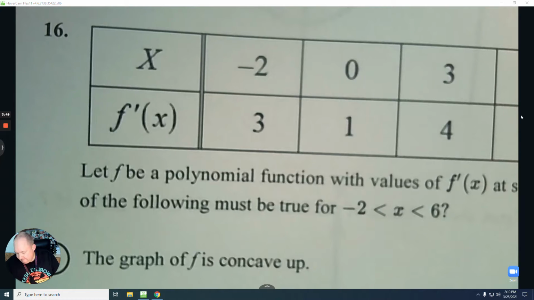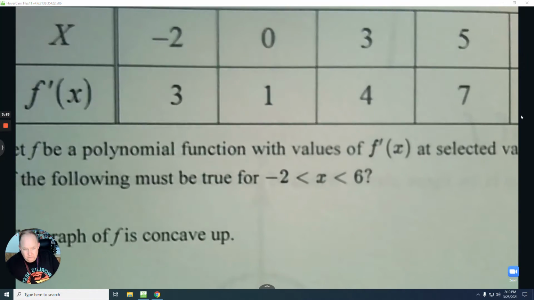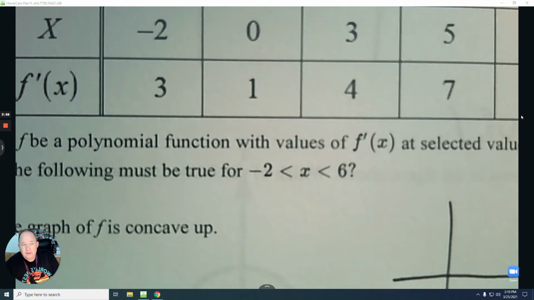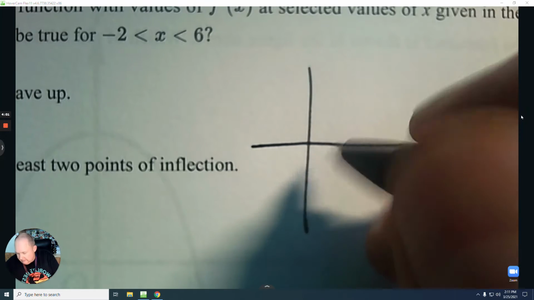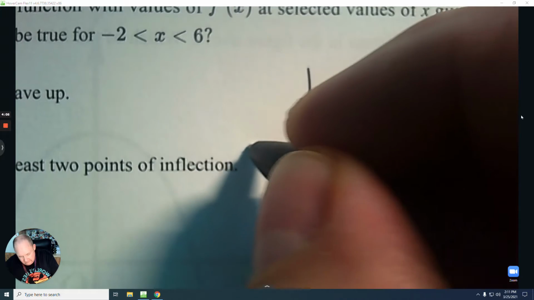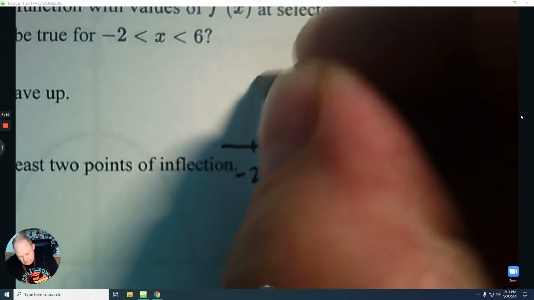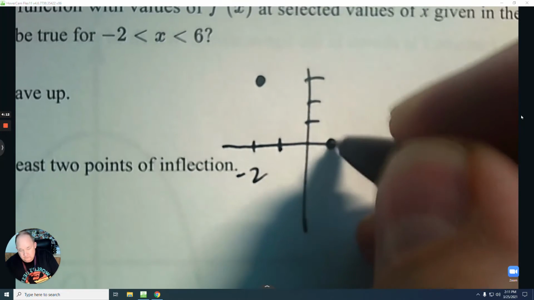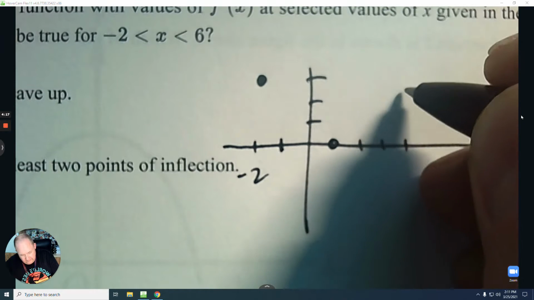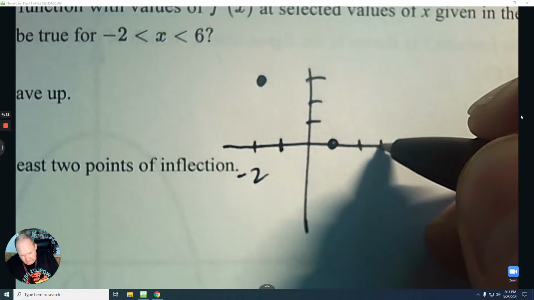Number 16. You're given a table of values. So I'm just going to plot them so that one is at negative 2 and 3. Let's do that first. At 1 and 0. At 4 and 3. Sorry, at 3 and 4.